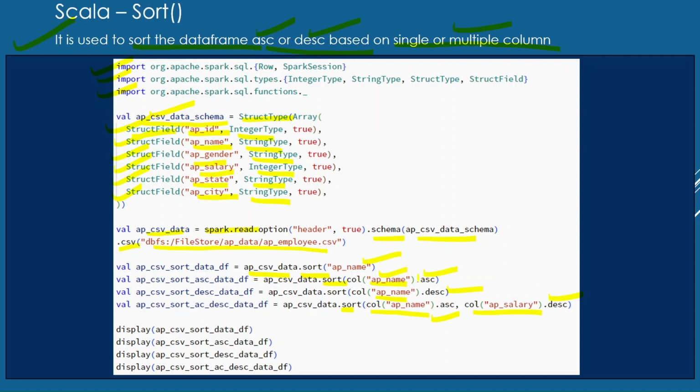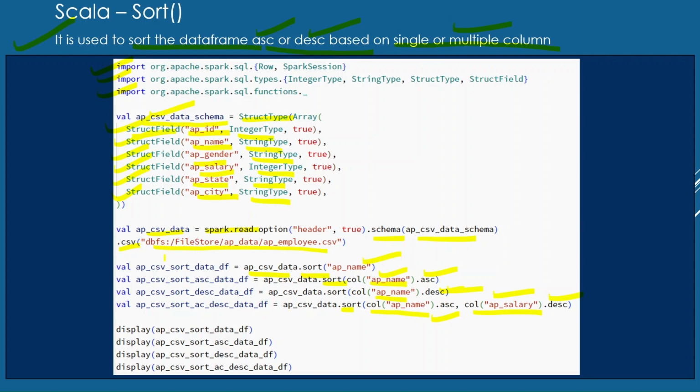If you sort it in ascending order, it will sort from A to Z. If it is descending order, it will sort from Z to A. If it is a numerical column, for instance salary, ascending order will sort from lowest to highest, and descending order will sort from highest to lowest.